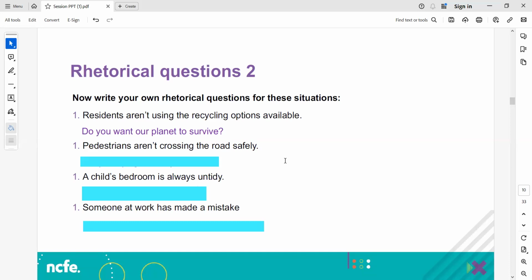So what might happen if people aren't crossing the road safely? What could happen to them? An accident. So the rhetorical question could be based around that. Do you want to be in an accident? Do you want to get hurt? Does that make sense? Are you trying to hurt yourself? So similar there.